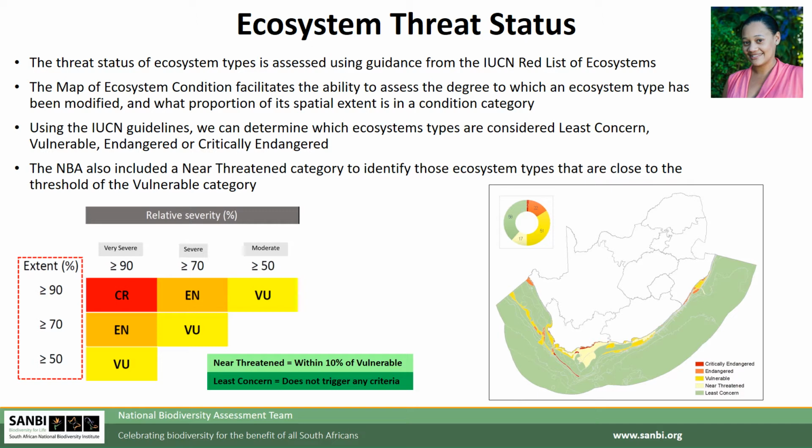Using the IUCN guidelines, we can determine which ecosystem types are considered least concern, vulnerable, endangered, or critically endangered. The NBA also included a near threatened category to identify those ecosystem types that are close to the threshold of the vulnerable category.